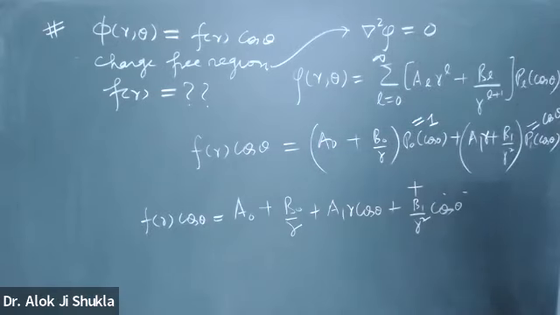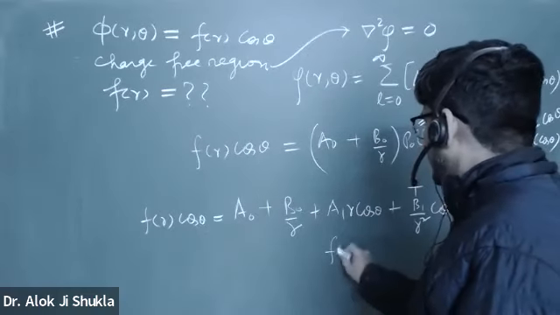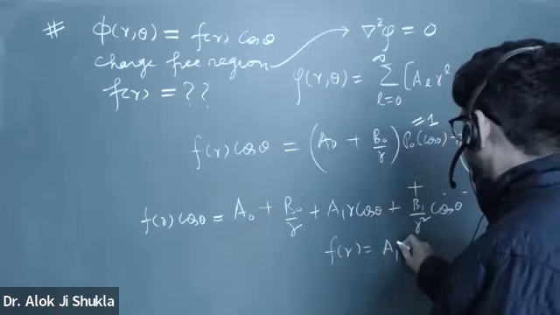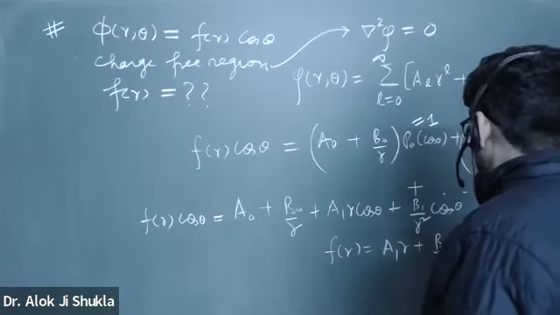Yes or no? So if you compare the coefficients of cos theta, then FR will become A1 R plus B1 upon R square.